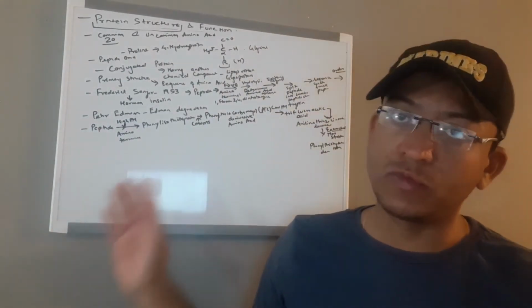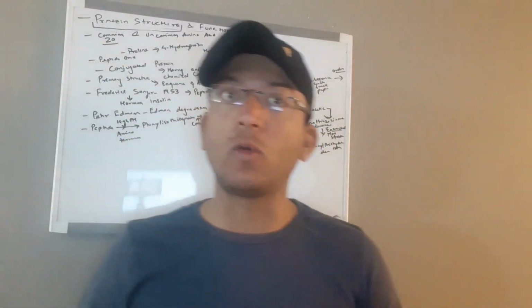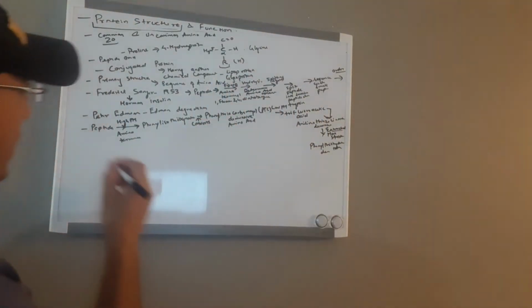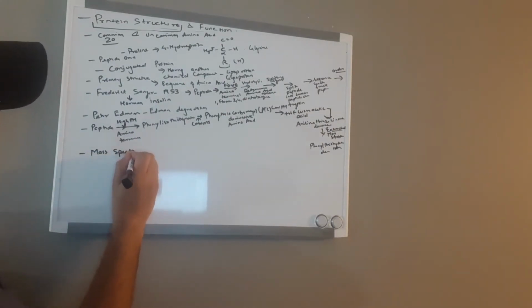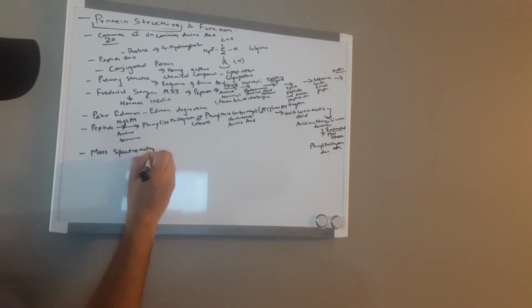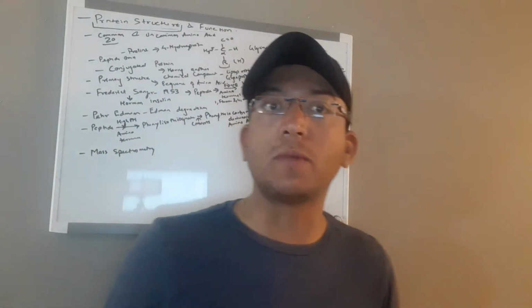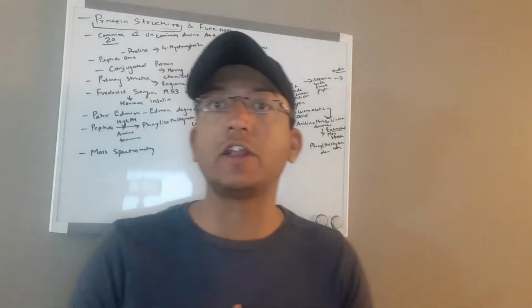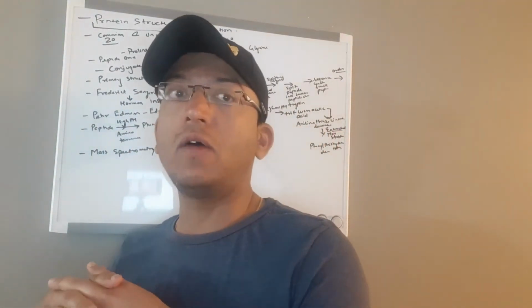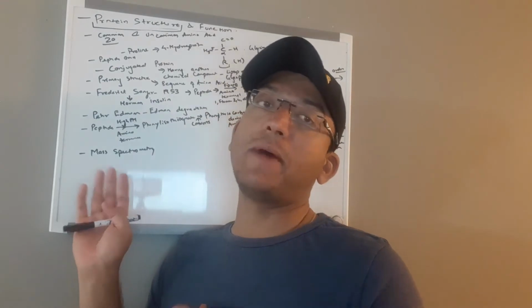After these two processes, we also saw mass spectrometry to determine the amino acid sequence, right? So what is mass spectrometry? It is a tool in chemistry used to determine the mass of molecules.